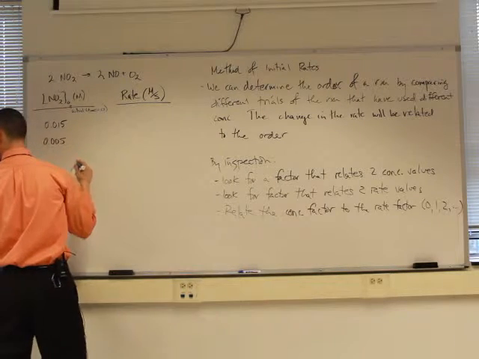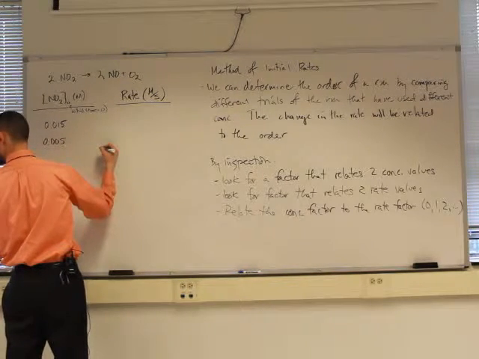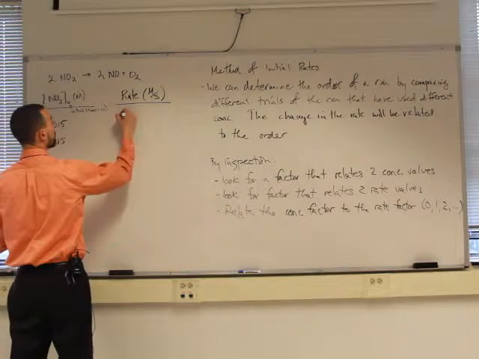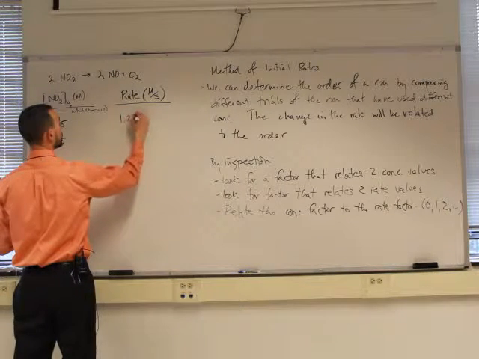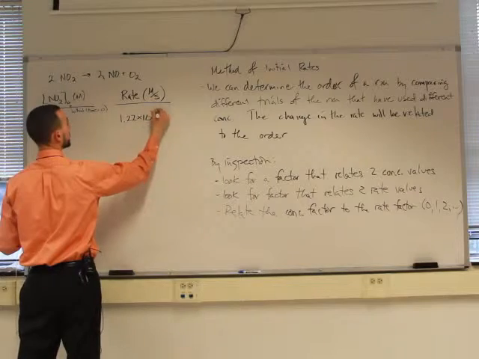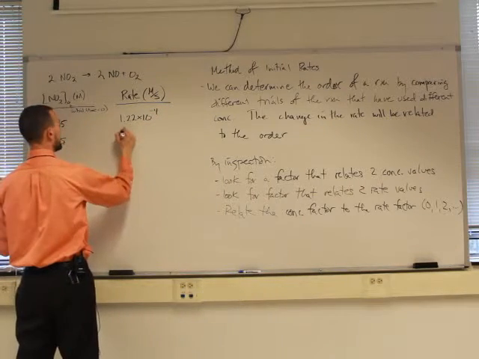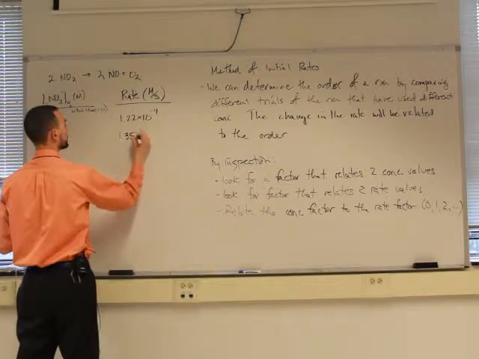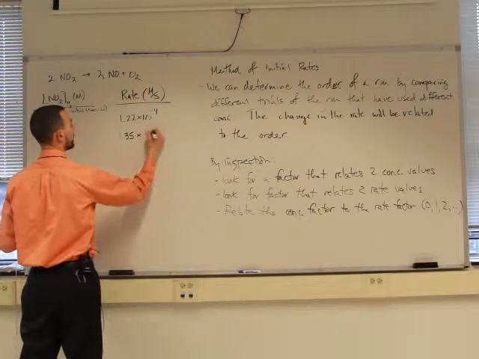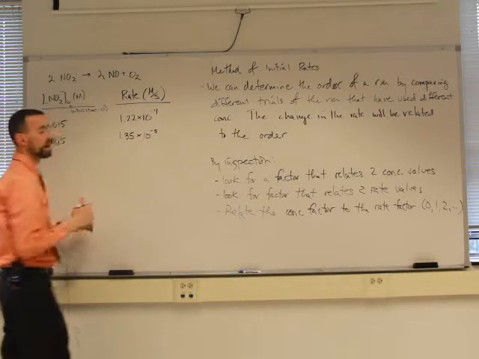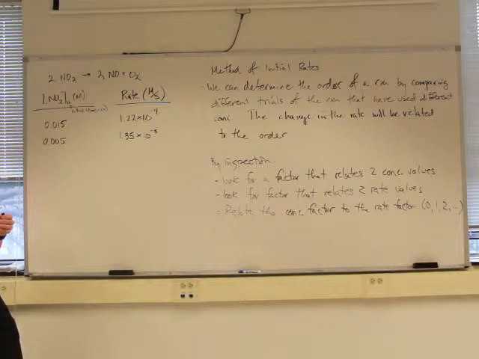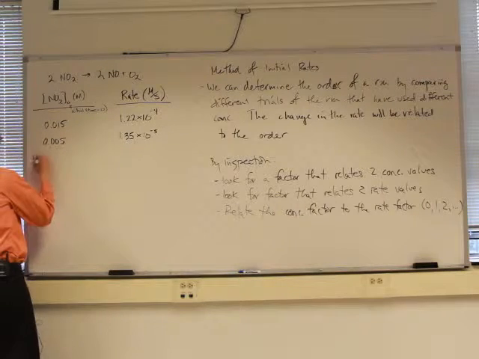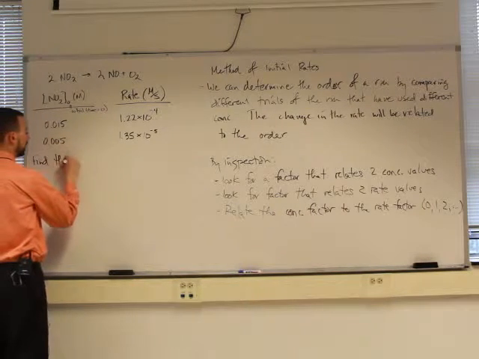For the first trial, perhaps it was 1.22 times 10 to the minus 4 molar per second, and for the second trial, it was 1.35 times 10 to the minus 5 molar per second. This is all the data we need to find the entire rate law.